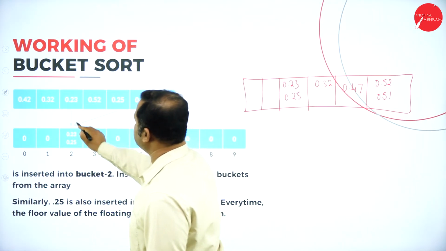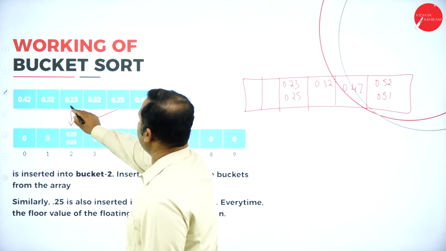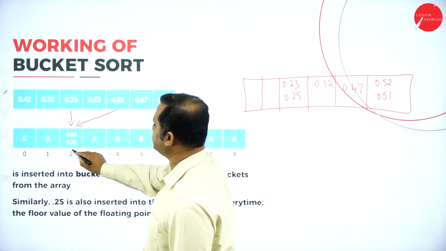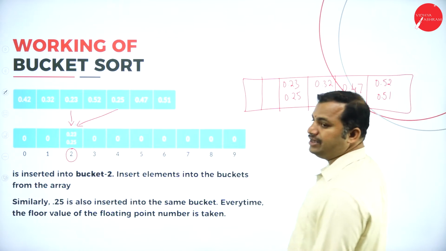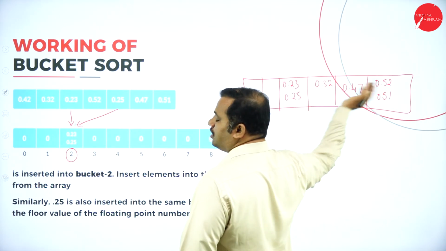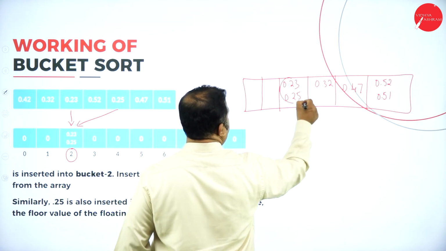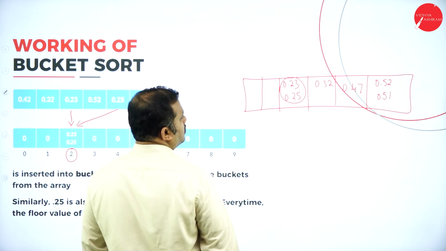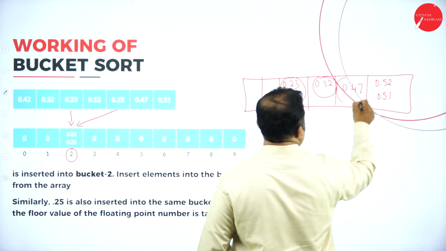This diagram clearly represents that values 0.23 and 0.25 are placed in the second bucket, and in the same manner we have applied it here. Now we have to scatter these elements into different positions. It is sorted into 0.23, 0.25, 0.32, 0.47.